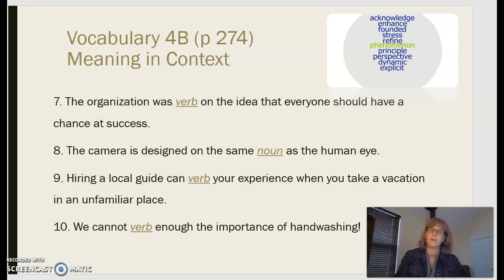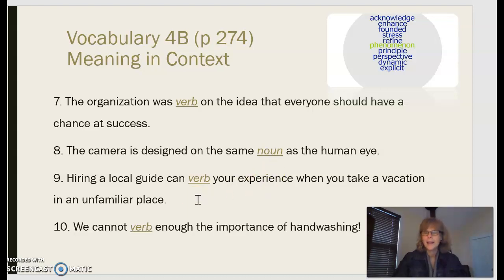It's a good place for that word founded on. Number 8, I need the noun that we haven't used yet. And here, this is the noun for principle. This is the example where I can use the noun principle. The camera is designed on the same principle as the human eye, using that as a model, the human eye.